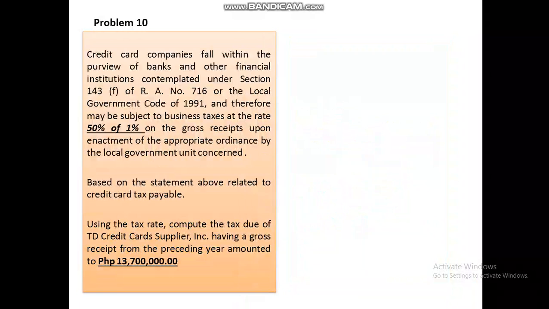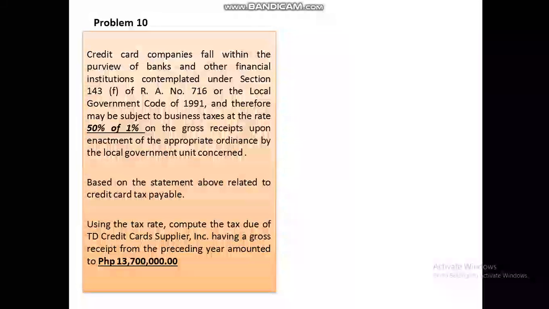On problem 10, the credit card companies fall within the purview of banks and other financial institutions contemplated under Section 143 of Republic Act 7160 of the LGC. And the tax rate for that credit card companies is 50% of 1%. Question.